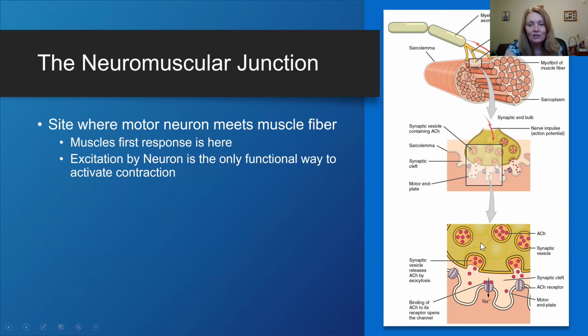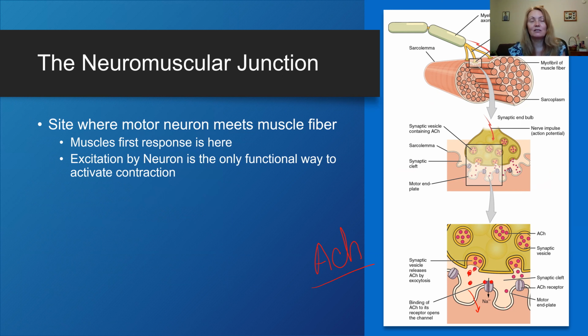Specifically between your neuron and muscles, you release acetylcholine, ACh. You can see these red particles here represent acetylcholine. Acetylcholine will bind to its receptor, and when it does, it will allow sodium to move inside a muscle cell. And this will start the chain of events that will lead to muscle contraction.